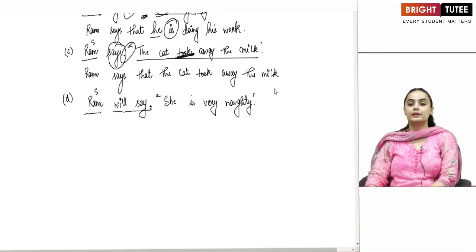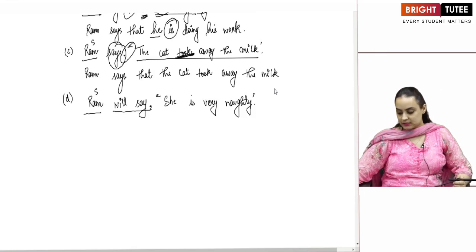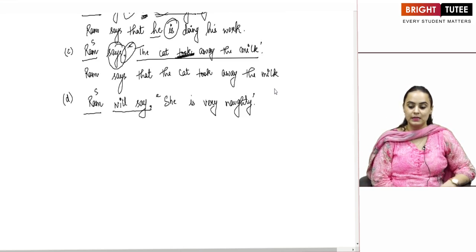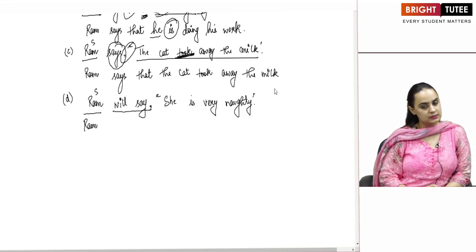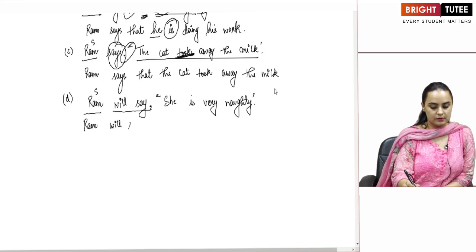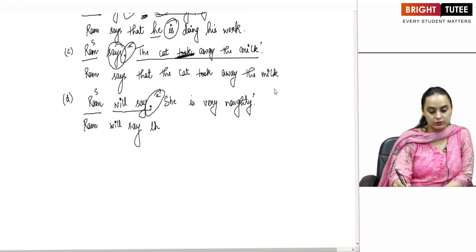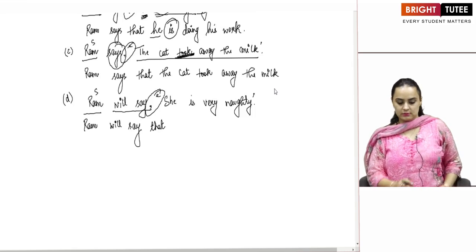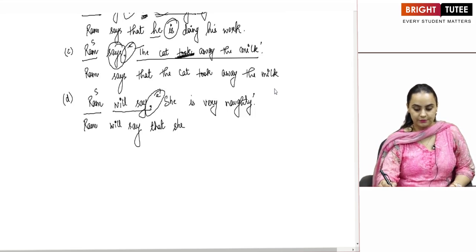As per the rule, if my reporting verb is either in the simple present tense or the simple future tense, then the tense of reporting speech will not change. So, Ram remains as it is. Will say remains as it is. We remove the commas and we put that. She. Now we don't know who the she is. There is no mention of a girl in the sentence. So she also remains as it is. Is very naughty.